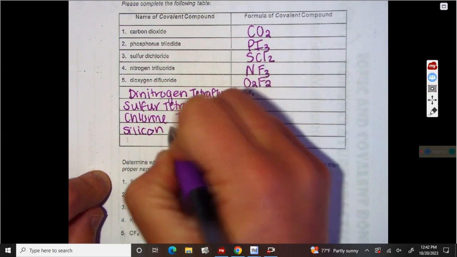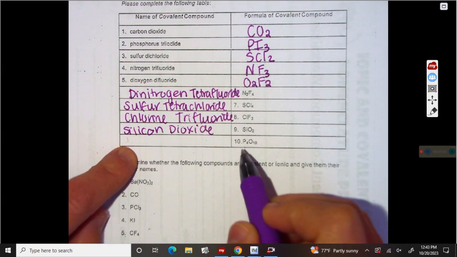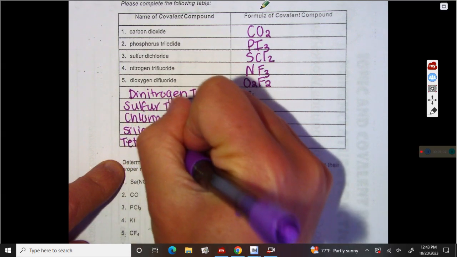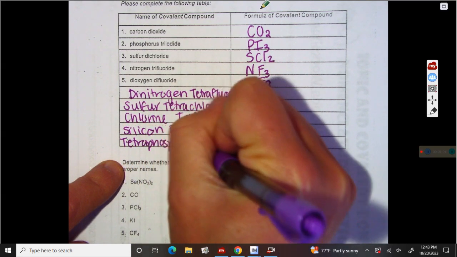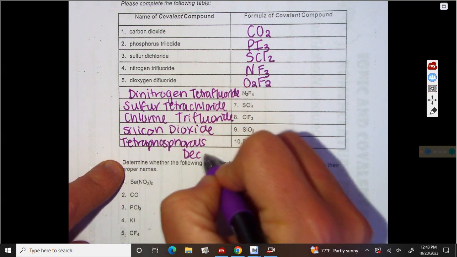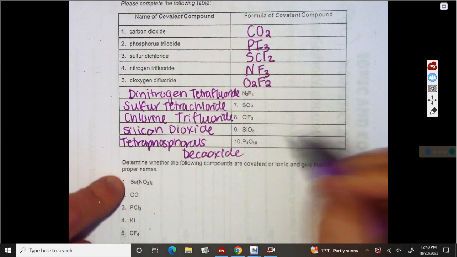And I have 2 oxygens, so dioxide. Now this one's a little tricky. I've got 4 phosphoruses, so it's tetra, phosphorus, and then 10 oxygens, so decaoxide. Or you could say decoxide.